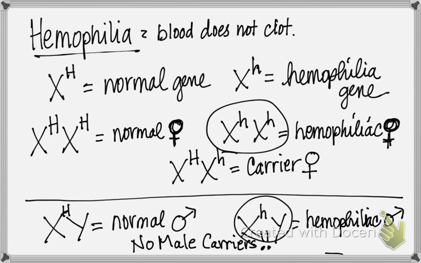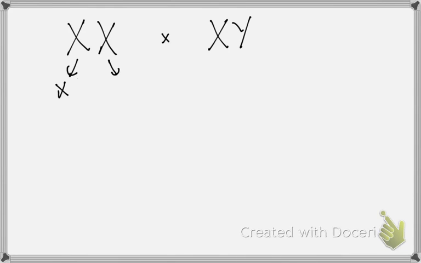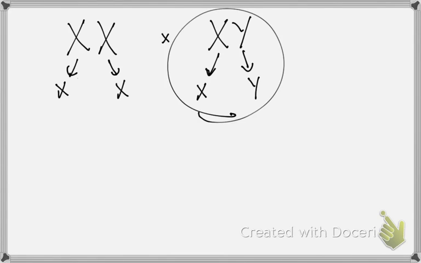Who determines the sex of the baby? Okay, mom and dad. Mom can only make eggs with X chromosomes. Dad, 50% of his sperm carry an X, 50% of his sperm carry a Y. Who determines the sex of the baby? Dad. Right.